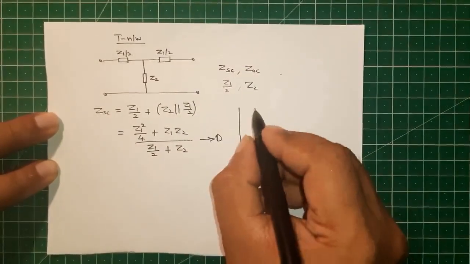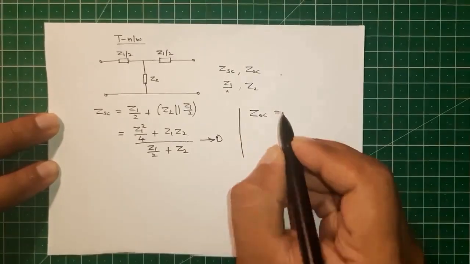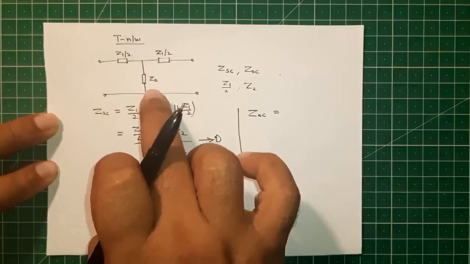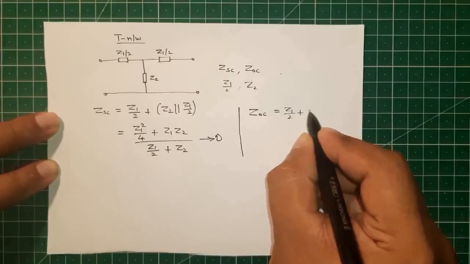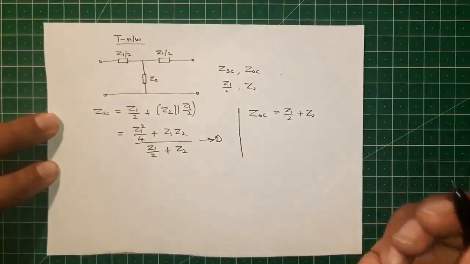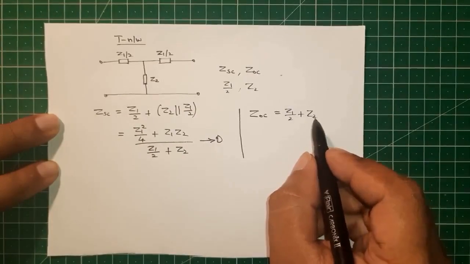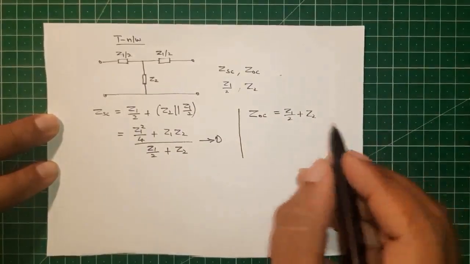Also, we know that the open circuit impedance ZOC is equal to, when we open this side, Z1 by 2 plus Z2. So first we will try to express Z2 in terms of ZSC and ZOC.